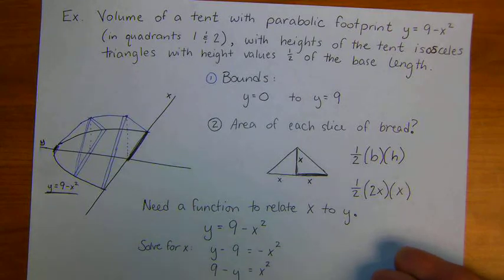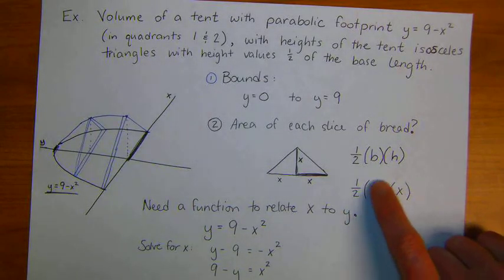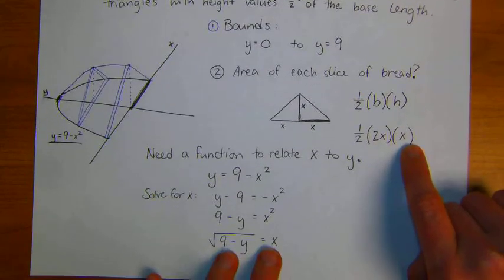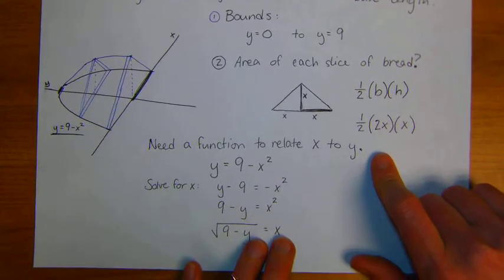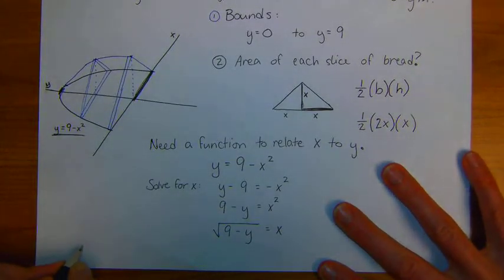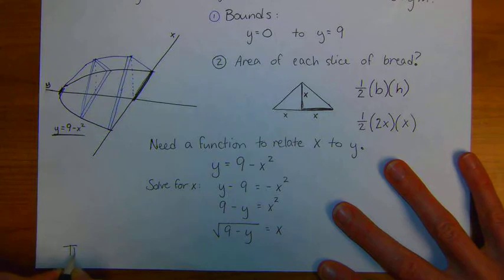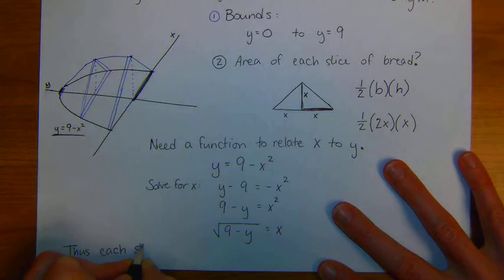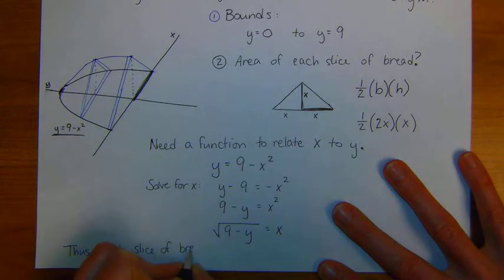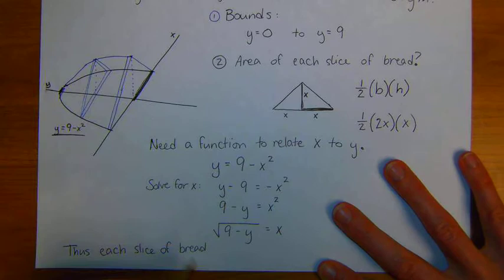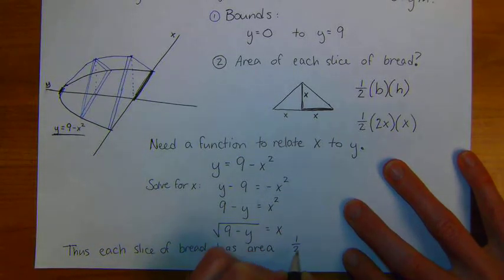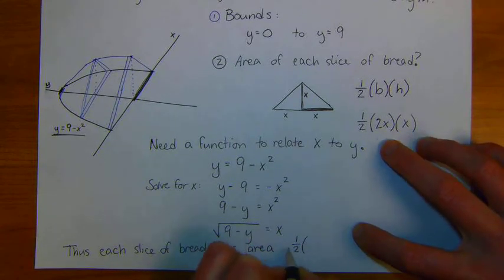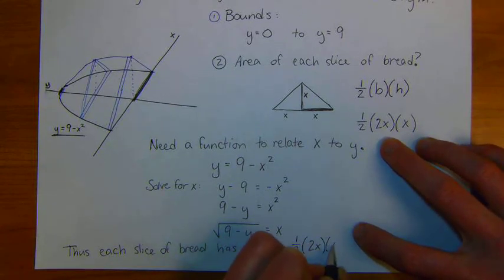Why is this helpful? Now I can go back to the area of a slice of bread and rewrite it in terms of y. So my final step: thus each slice of bread, when I say slice of bread, I actually mean these triangles, has area of 1/2 base times height, or 1/2 of 2x times x.